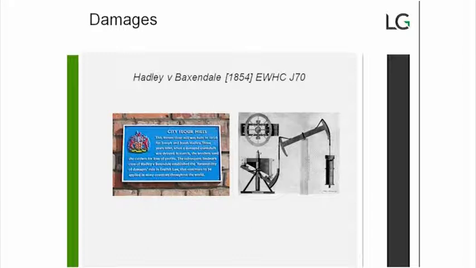The second limb of the test covers knowledge of special circumstances outside the ordinary course of things. The question is, what could have reasonably been contemplated by the parties in breach at the time? And this second limb covers so-called special damages, sometimes known as indirect losses or consequential losses, and makes these additional losses recoverable.